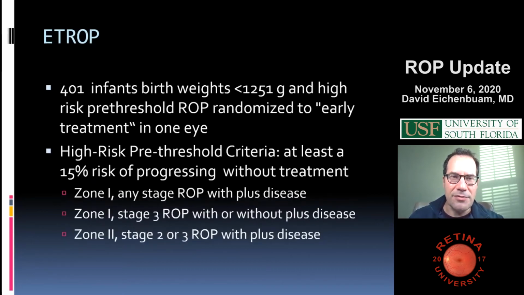The early treatment for retinopathy of prematurity study, the ETROP study, looked at a different treatment modality. This looked at high-risk pre-threshold ROP, and it looked at early treatment, but importantly, it looked at laser treatment.